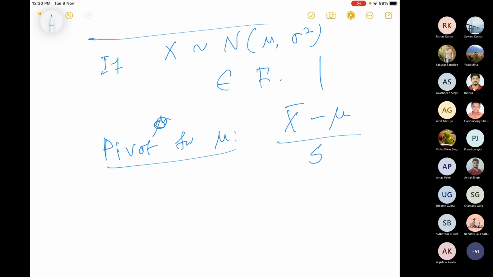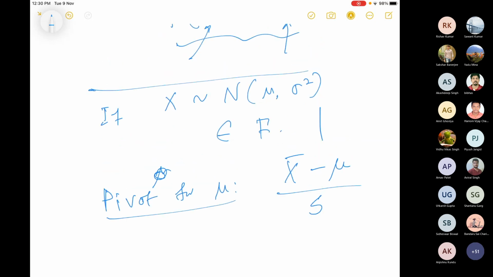Instead of going into the general case, suppose mu is unknown and sigma is known.